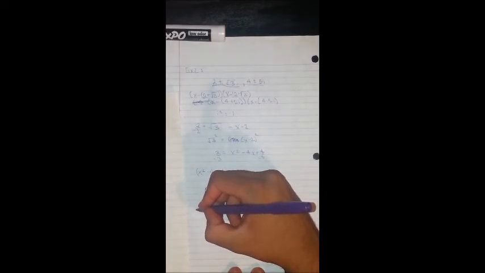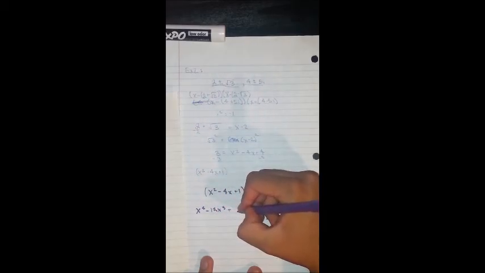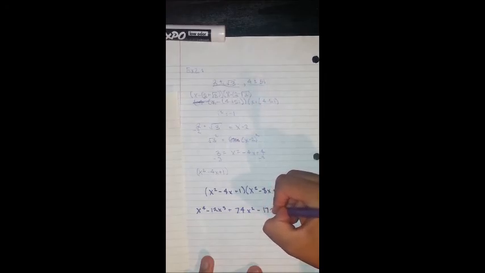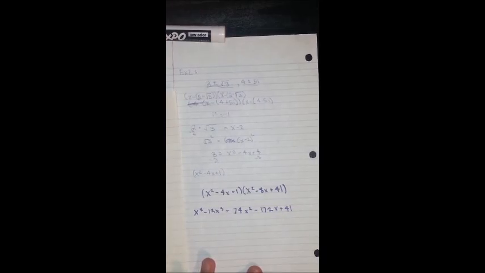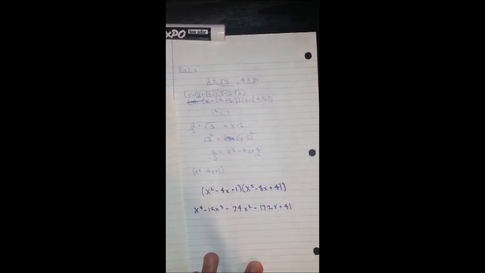But your answer is going to be x to the 4th minus 12x to the 3rd plus 74x squared minus 172x plus 41. So in this video, I did not show my work for FOILing this out, but you should always show your work so your teacher knows what you're doing is correct. And that is your equation to find those roots right here.